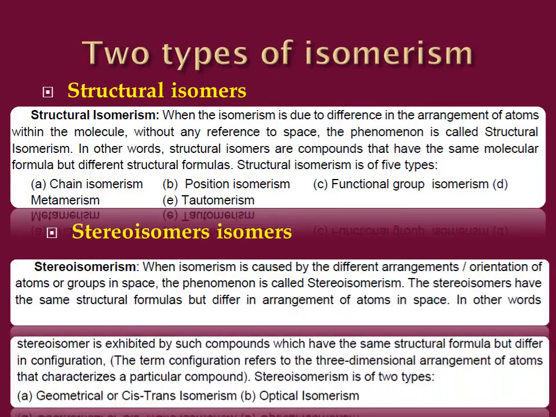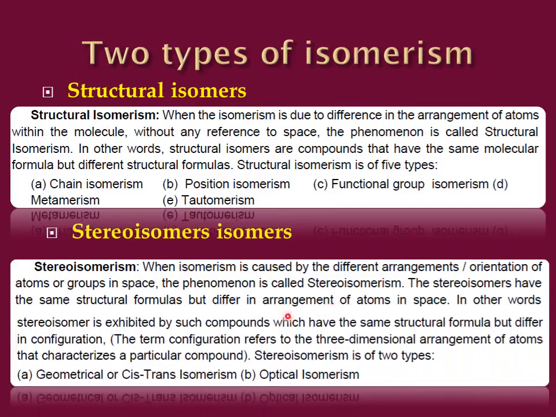Or in other words, stereoisomerism is exhibited by such compounds which have the same structural formula but differ in configuration. What is the meaning of configuration? The term configuration refers to the three-dimensional arrangement of atoms that characterizes a particular compound.